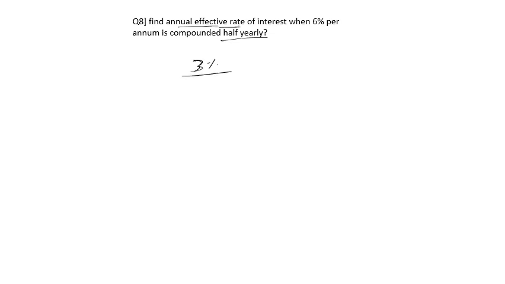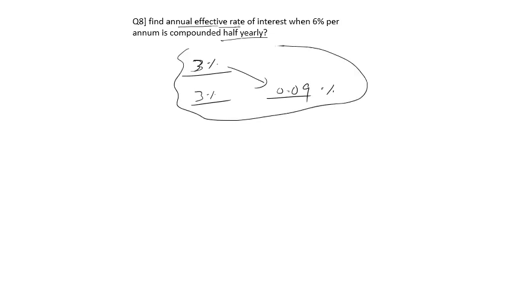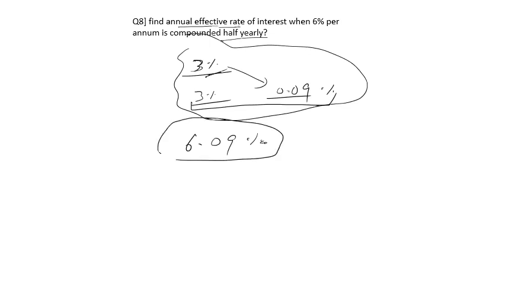For the first half year it is 3%, for the next half year it is 3%, and 3% of 3% is how much? That is 0.09%, right? So the effective rate for 1 year, with this for the first 6 months and this for the next 6 months, totals 6.09%. This is the effective annual rate of interest when 6% is compounded half yearly. I hope this part is clear, guys. Simple one. Now let's move to the next question.